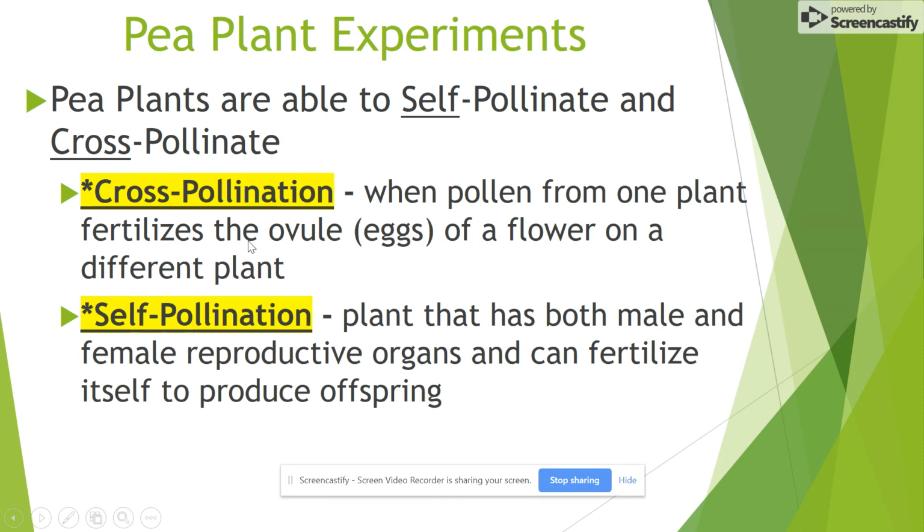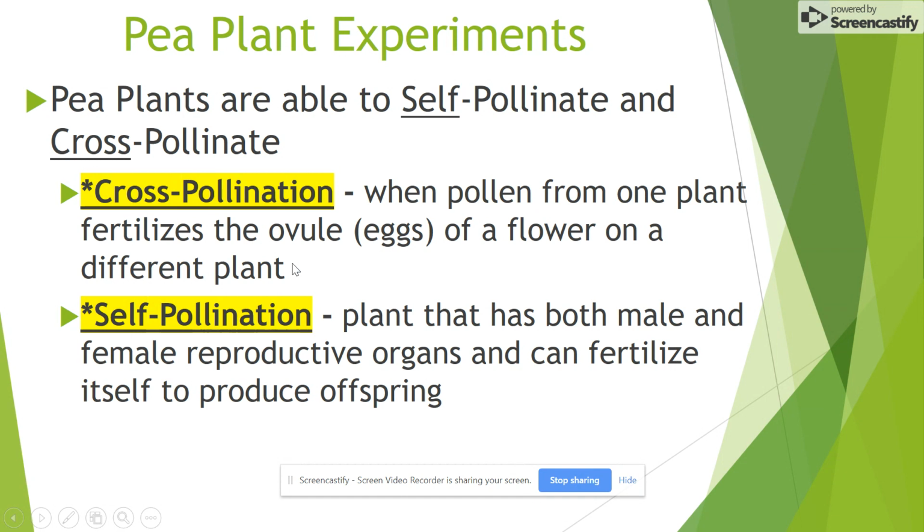So basically what cross-pollination is, we have pollen from a daddy plant and eggs from a mommy plant. And then those two connect and are able to create a baby plant that has genetic information from both mom and dad.